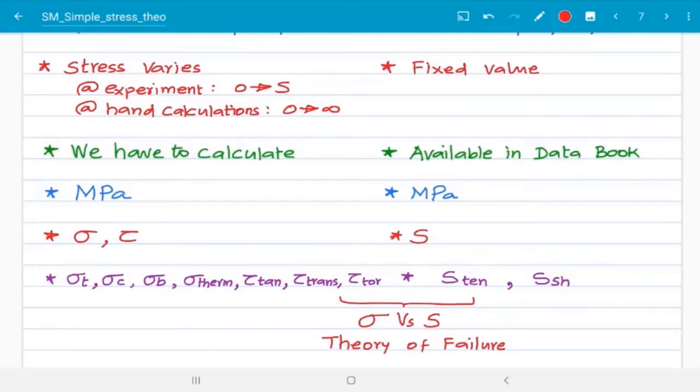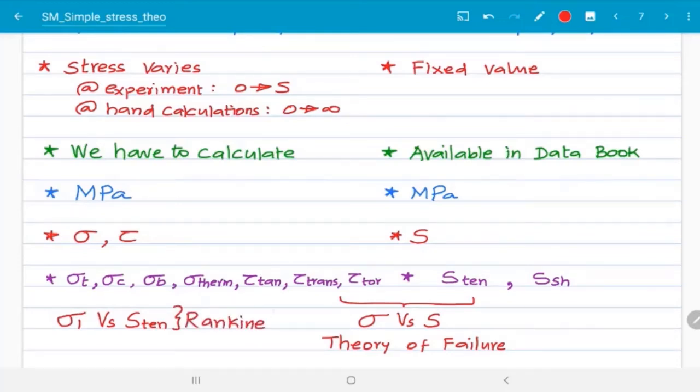Two discussions we made. Principal stress is compared with which strength? I gave two examples. Principal stress is compared with the tensile strength. Very good. If you are calculating the principal stress, the major principal stress versus tensile strength, this theory is called the Rankine theory.